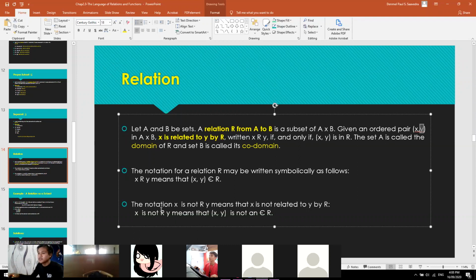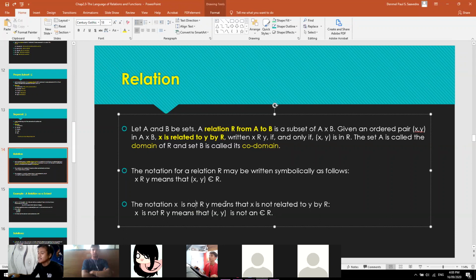So the notation for a relation R may be written symbolically as follows. X R Y means that element X, Y is an element of relation, or they are in relation with each other, those two elements. And then the notation X is not related to Y. Actually dapat kwanto eh, hindi ko lang kasi mahanap yung symbol na R na may slash. Kaya ang nilagay ko dito is not.